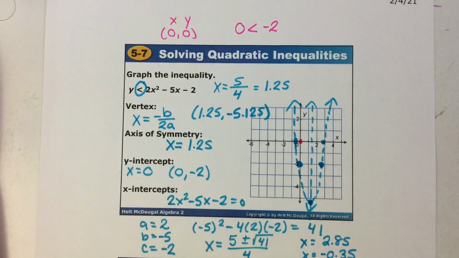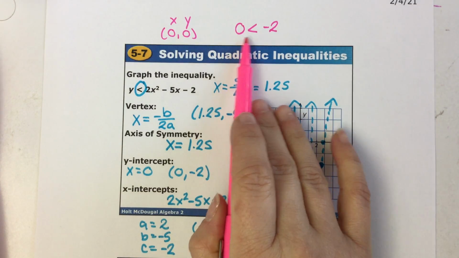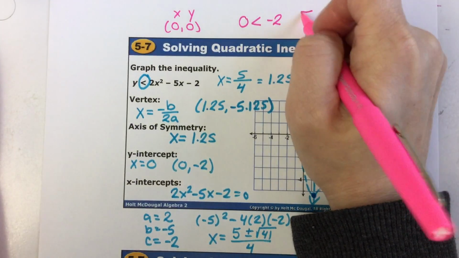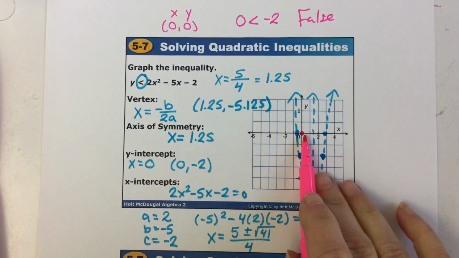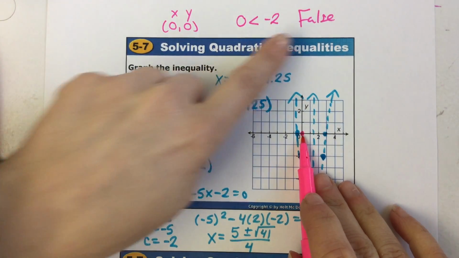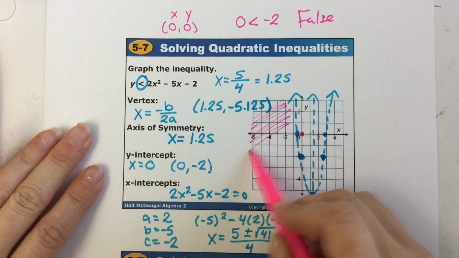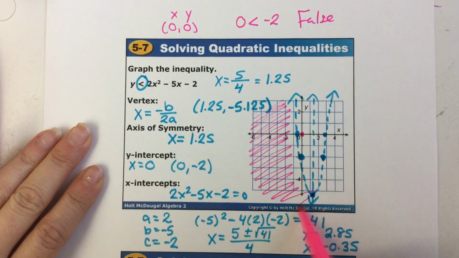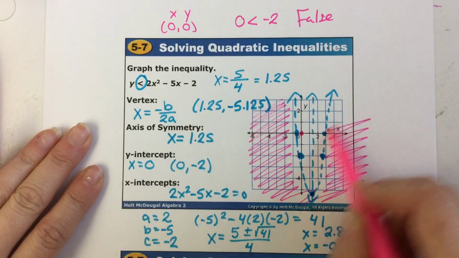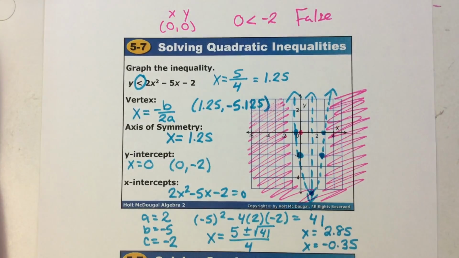My statement says that 0 is smaller than -2. So if we're thinking of temperatures, this says 0 is colder than -2. That is false. 0, 0 is inside of the parabola, so inside of the parabola is false, which means outside is true. So you would shade all the way around the parabola.